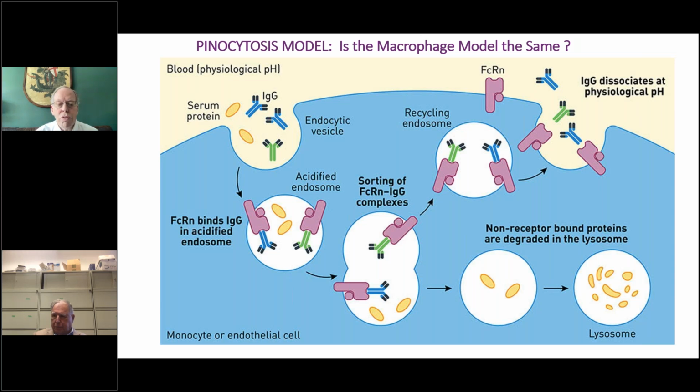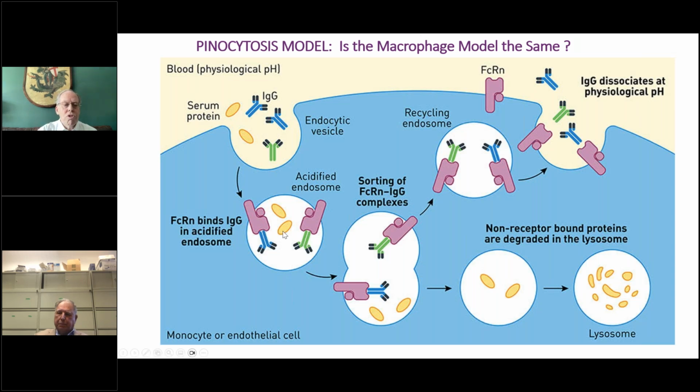The best cartoon of this is shown here, where you see the IgG in blue, another serum protein in yellow, and these IgGs enter an acidified endosome, not on an immune basis, but by pinocytosis. The IgG is picked up by the FcRn, which is on the inner membrane of the acidified endosome, and then this bound IgG is transported to the cell surface where the dissociation occurs and the IgG can re-enter circulation.